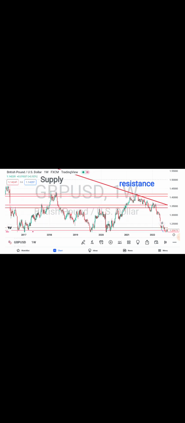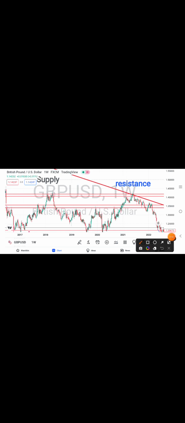So this is just a tip. Mind you, let me show you something. You can see that we have a resistance point, and at this third point, price broke through. Any point that price breaks through eventually becomes support in the market. As you can see, price tested this place. We are on the GBP USD weekly time frame. Let me show you what I'm talking about.